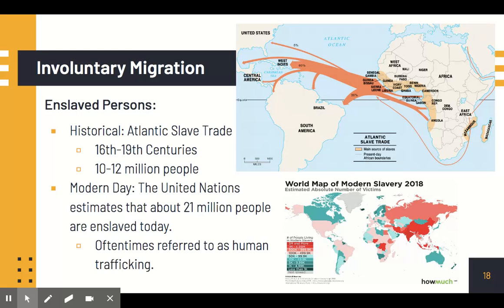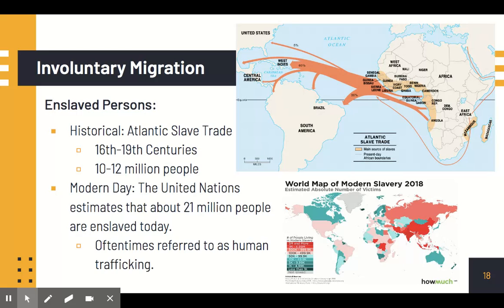The majority of those people ended up being forced to migrate to Central and South America. Very few actually were brought to the United States in proportion. But of course, then there was a lot of movement and trading of people too.